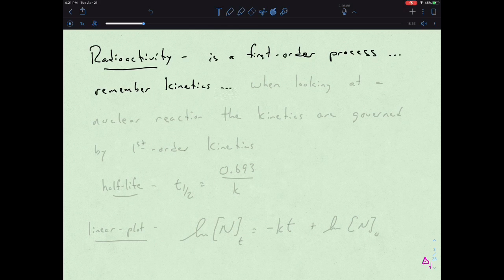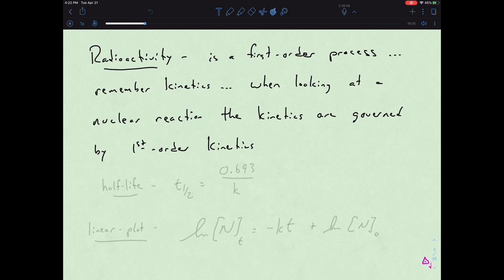When looking at a nuclear reaction, the kinetics are governed by first order kinetics.